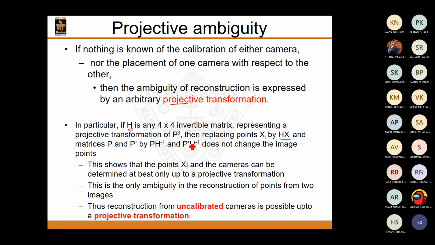On applying the projective transformation on the points as well as the camera parameters, we see that it does not change the image points. The image points will still remain the same. So what we have been dealing with, the reconstruction which has taken place, is basically a projective transformation.